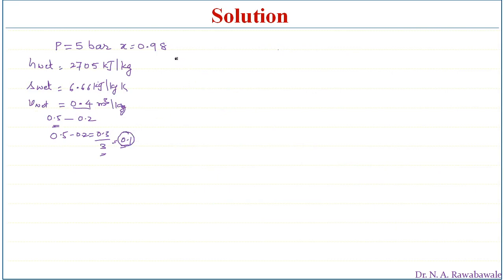So now if we want to find out the enthalpy of wet steam, enthalpy of wet steam is equal to HF plus X HFG. At a pressure of 5 bar, HF can be taken from the steam table.